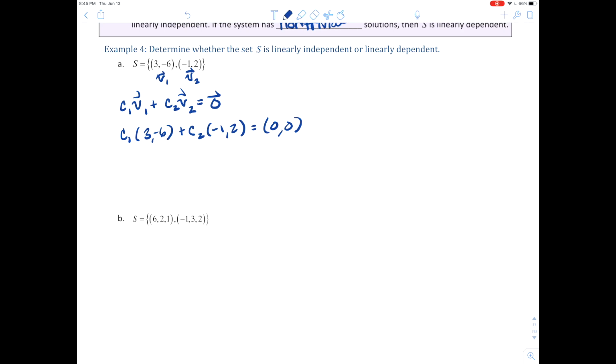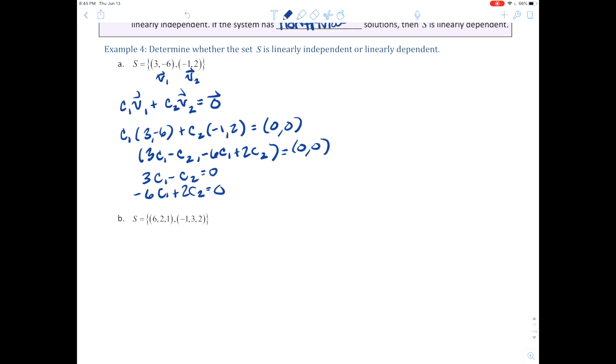Now, putting this in a system. On the left-hand side, let's get one happy vector. That'll be (3C1 minus C2, -6C1 plus 2C2) equals (0, 0). Well, that'll give me the system 3C1 minus C2 is 0, and -6C1 plus 2C2 equals 0.